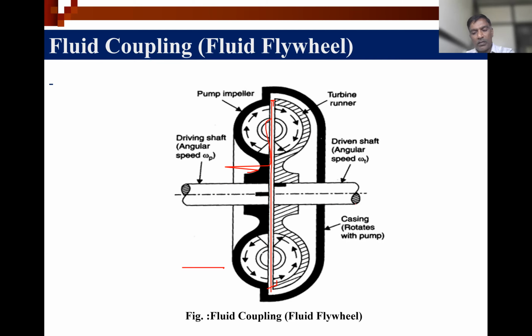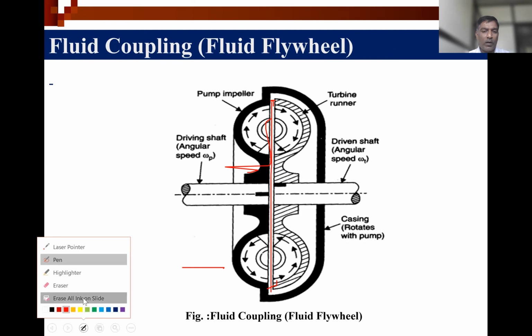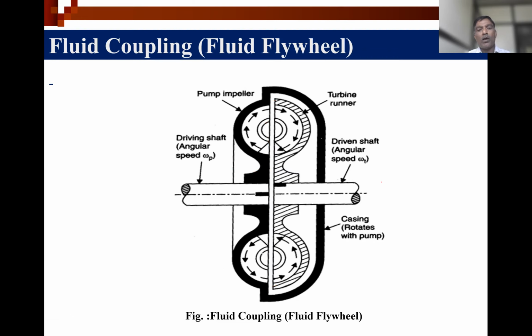So this fluid flywheel has the advantage of smooth torque transmission without jerk. Similar to the centrifugal clutch, no extra clutch pedal is required. It also works automatically based on the engine speed.